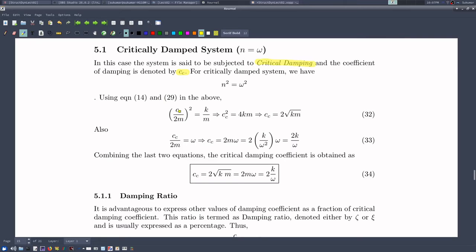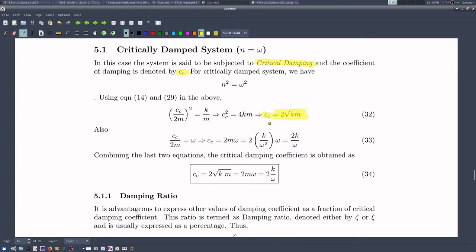So I will write Cc by twice m is equal to omega square, which is k by m. From this I can solve for Cc, and we can see that Cc is 2 root over km finally. Okay, 2 root over km.